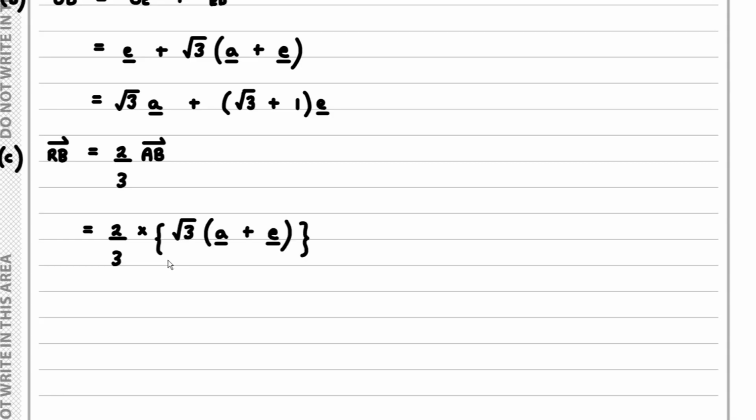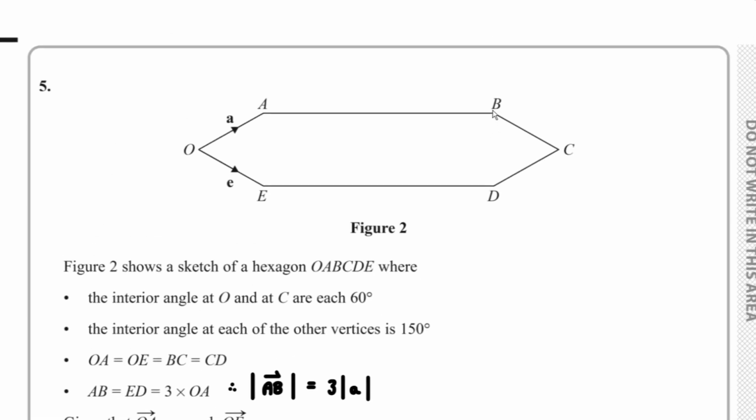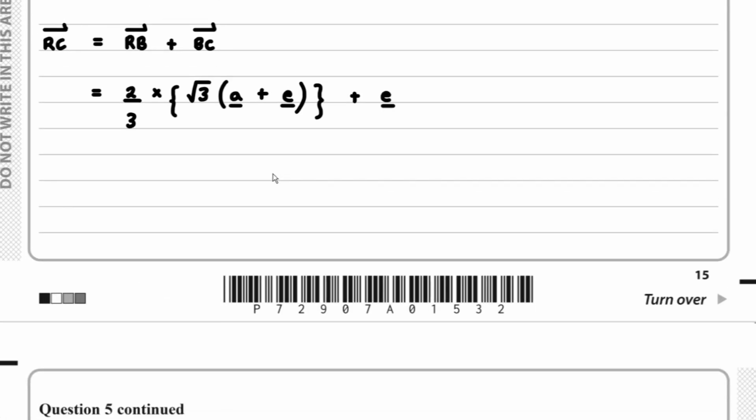So we've got 2/3 times by root 3 A plus E. Now going from R to C then, we have to go from R to B and then B to C. So we've got RB, which is 2/3 times by root 3 times A plus E, plus BC. So we need to go from B to C, and this will equal the vector E. And so we end up with 2 root 3 over 3A plus 2 root 3 over 3 plus 1 E.